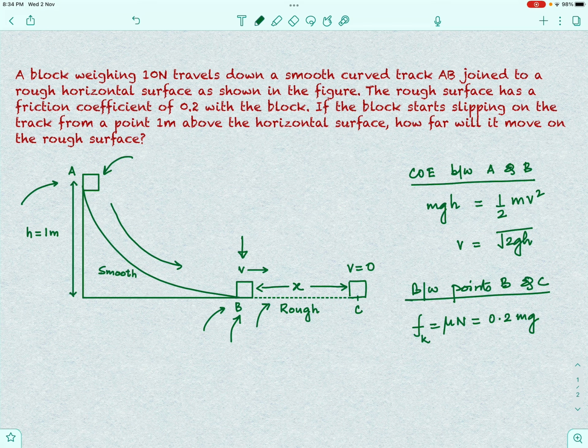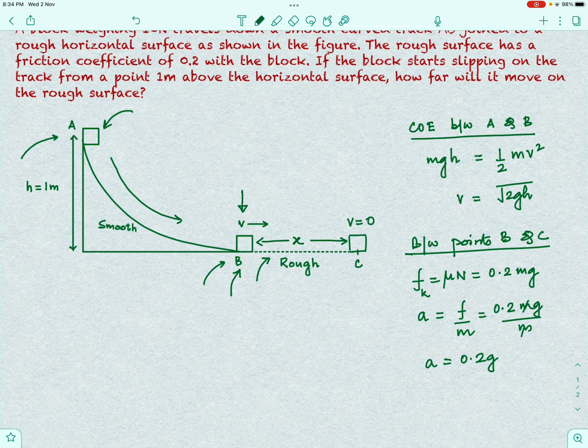So, this is our frictional force, and from here if we try to find out the deceleration of the block, it will be the force of friction divided by the mass m, which will give us 0.2 mg by m, m goes away and we will be left with 0.2 g. So, this gives us the acceleration, which we see is a constant, right?